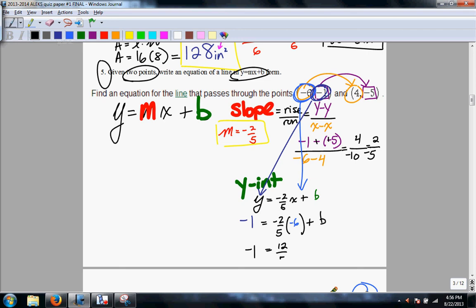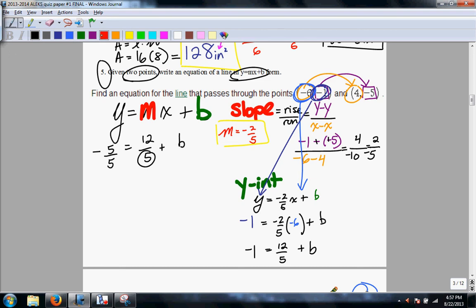That's 12/5 plus b. Let me bring this over here. Negative 1 equals 12/5 plus b. I see I need my denominator to be 5, so I'm going to change this. Since that was negative 1, I'm going to make that negative 5/5, so my denominators match.